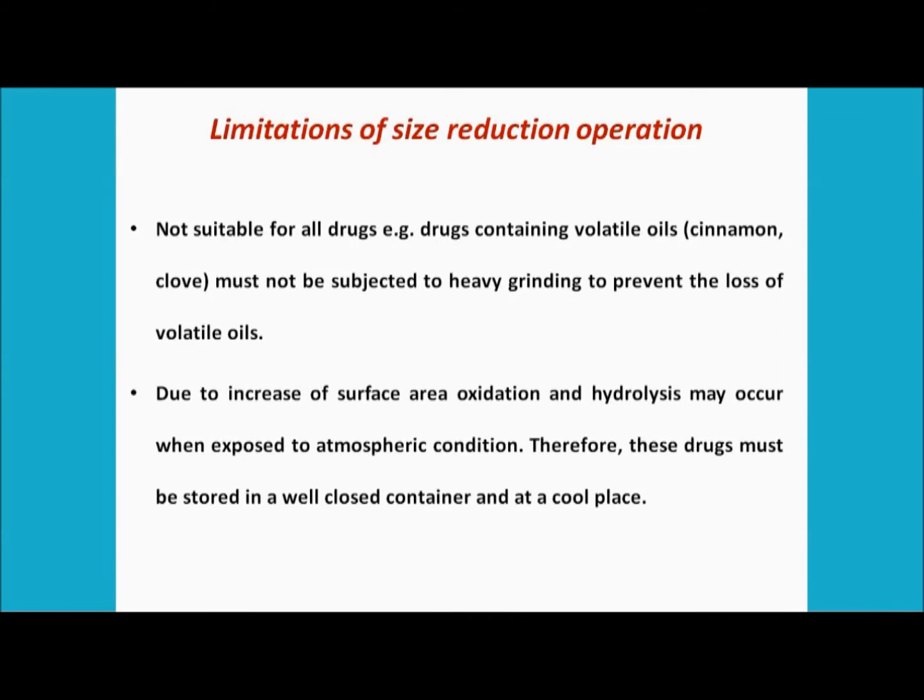Moreover, due to the increase of the surface area upon size reduction, processes like oxidation and hydrolysis may occur on the drug when exposed to atmospheric conditions. So in such cases, the drug needs to be stored in a well closed container at a cool place.